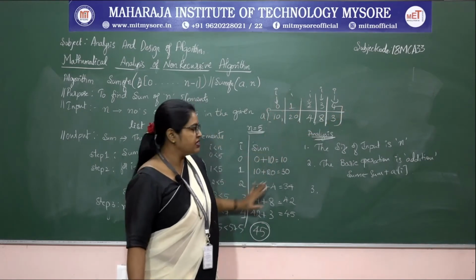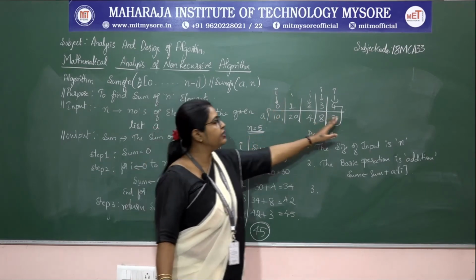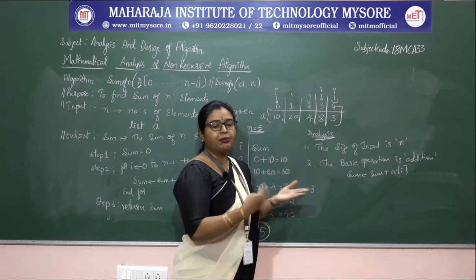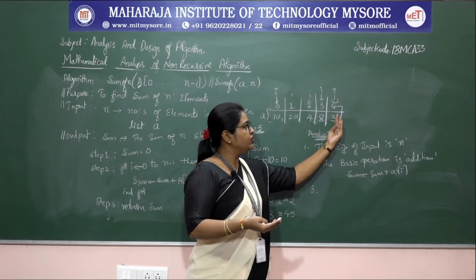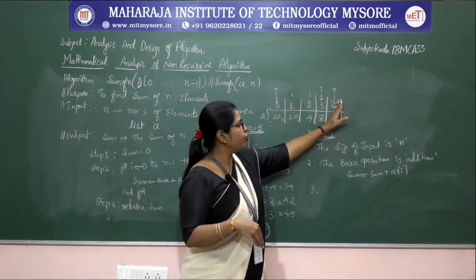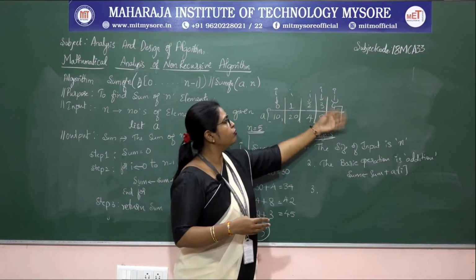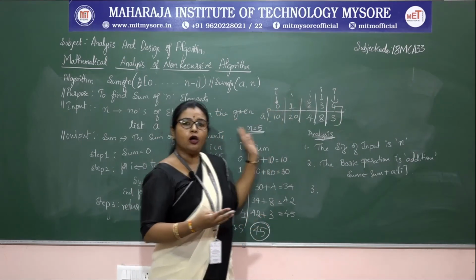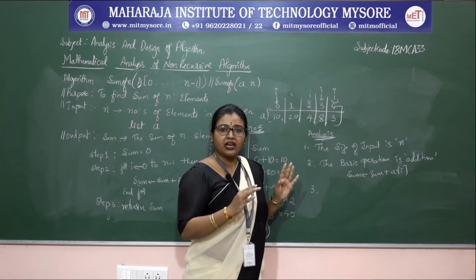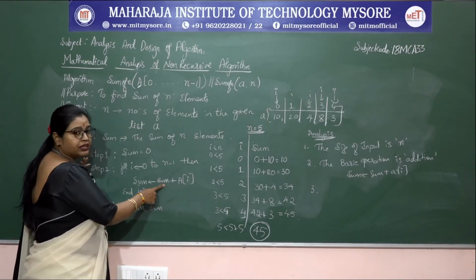The basic operation is addition. Addition started from the starting point and ended at the last point, or else you can start from the last point also, by decrementing the values. So I can start with the 4th position and end at position 0: 4, 3, 2, 1, 0. Either 0 to 4 or 4 to 0, all the elements present in the array A have been utilized in the basic operation.